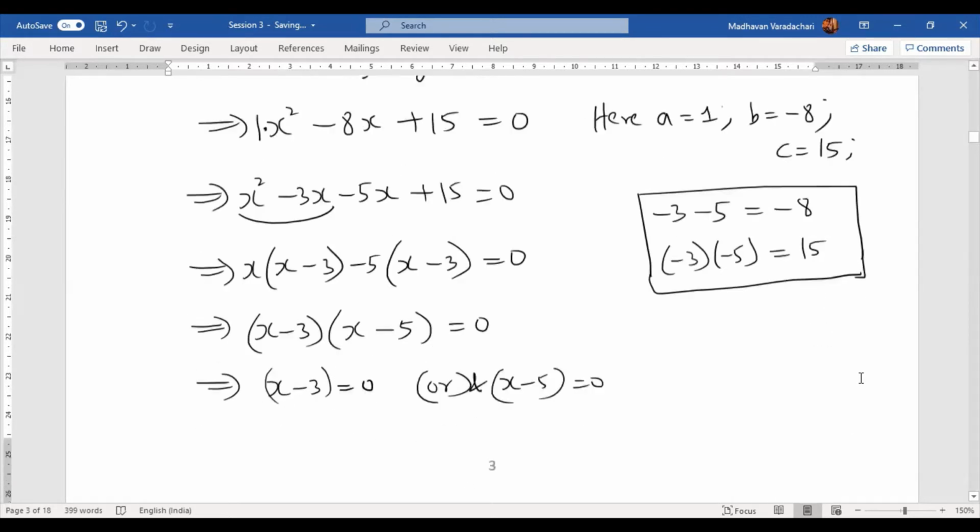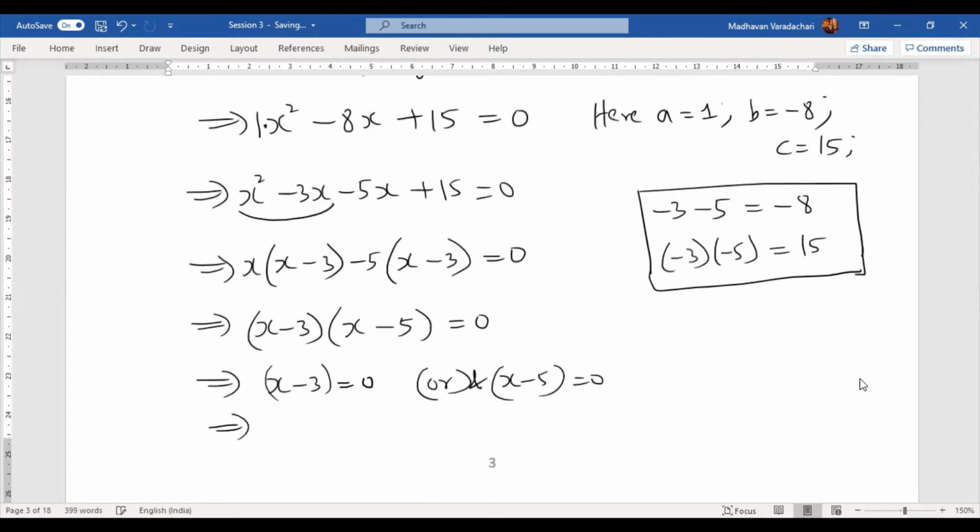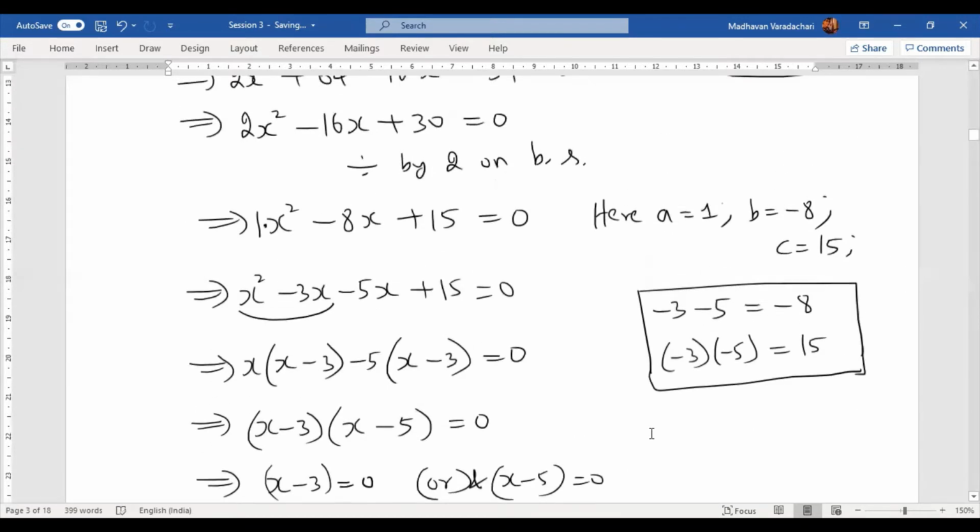So what does it mean? Now from this I can say x is equal to 3, because x minus 3 equal to 0 means x is equal to 3, or x is equal to 5. So the answer is: x is equal to 3 or x is equal to 5. This is the factorization method, what we did.